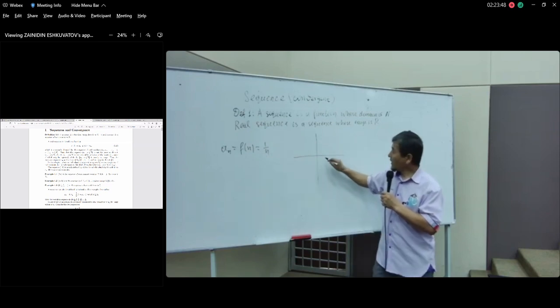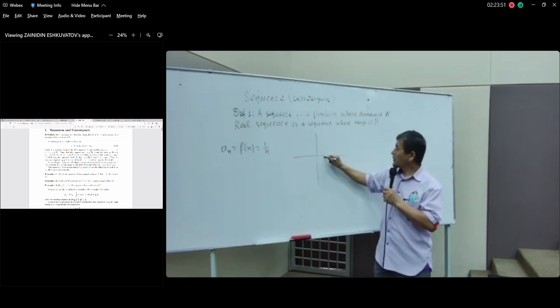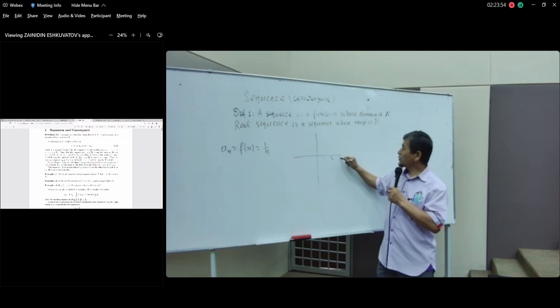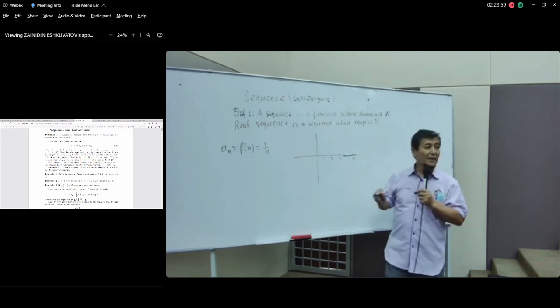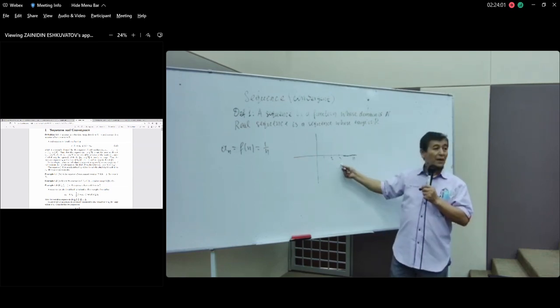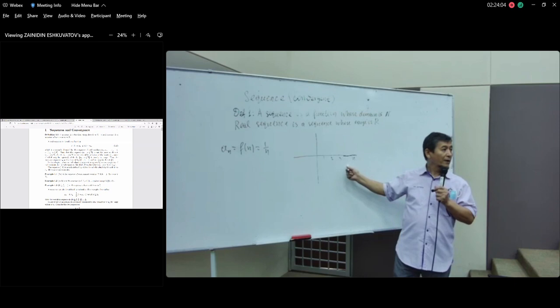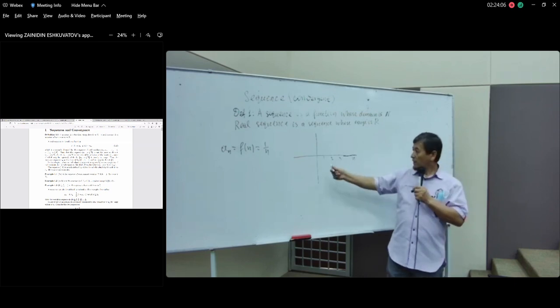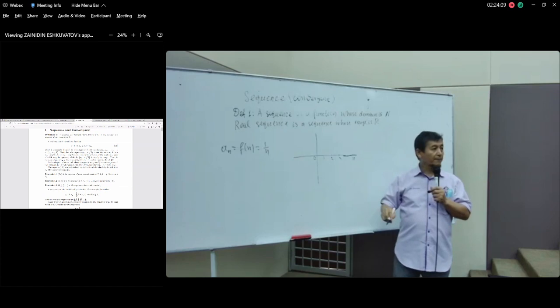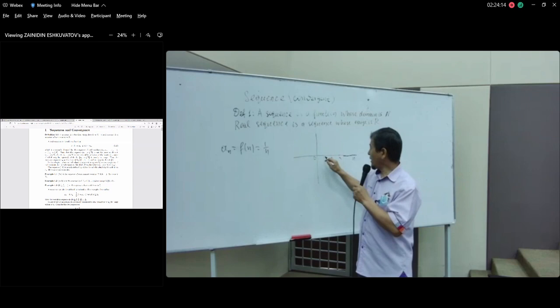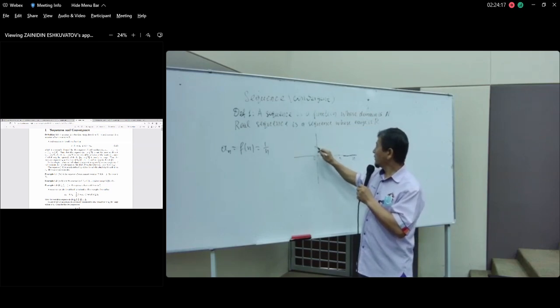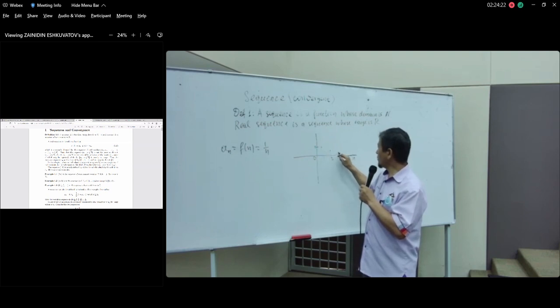From here, n is 1, 2, 3, and so on, so the domain is really N. It might be Z also, but of course 0 is not included here. What about the range? The range is R. When n equals 1, it is 1, so this is a point. When n equals 2, it is 1/2, then 1/3, 1/4, and 1/n.